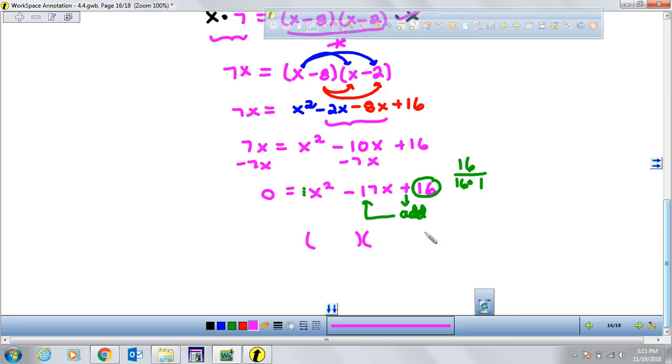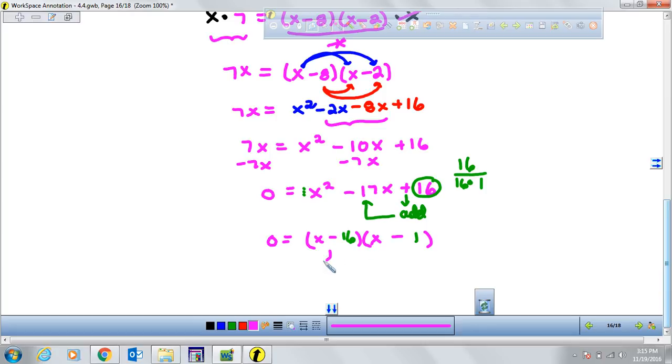So we open two parentheses, and we don't need to worry about the value of a because it is a 1. All we got to do is put the factors in the right place, 16 and 1, and put the signs in the right place. Since it has to add up to negative 17, then both of them must be negative. Negative 16 plus negative 1 equals negative 17.